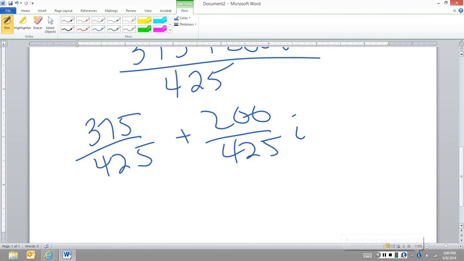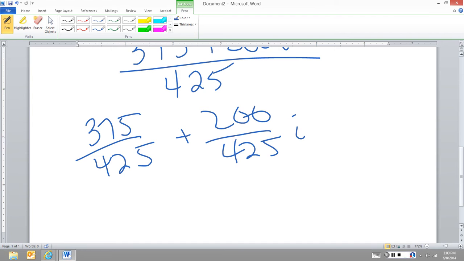So now at this point, we need to do some simplification. And so let's see here. I'm pretty sure we can take at least a 25 out of both of these, if I can. And maybe more here.